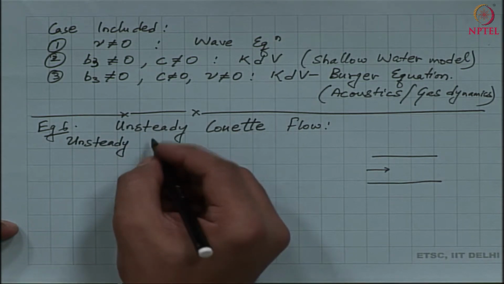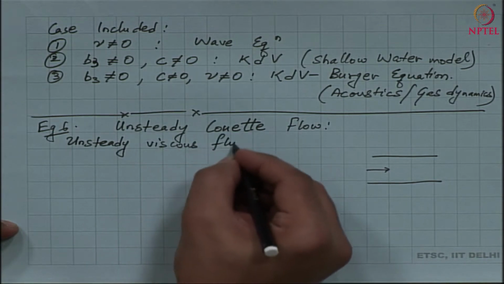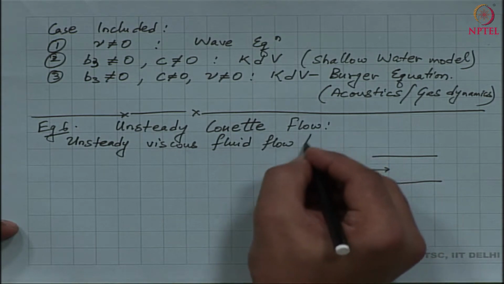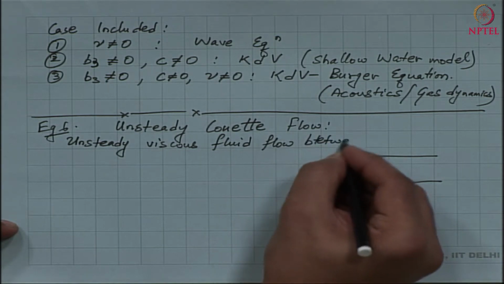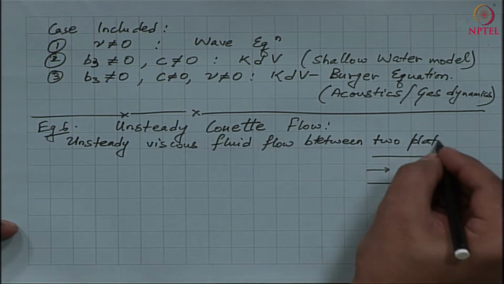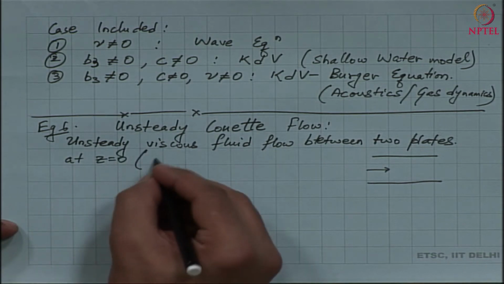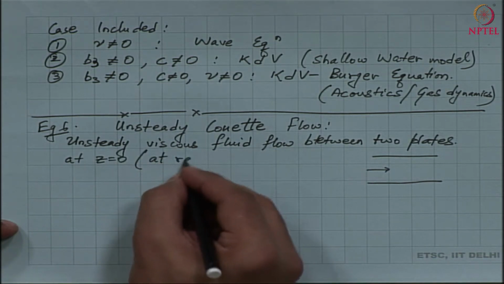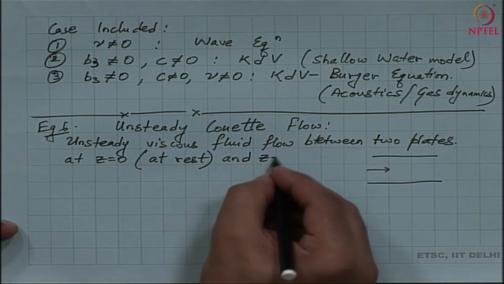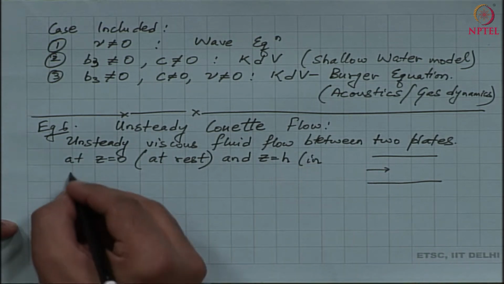So, this is unsteady viscous fluid flow between two plates. At z equal to 0, let me call that the plate at z equal to 0 is at rest, and the second plate z equal to h is in motion.